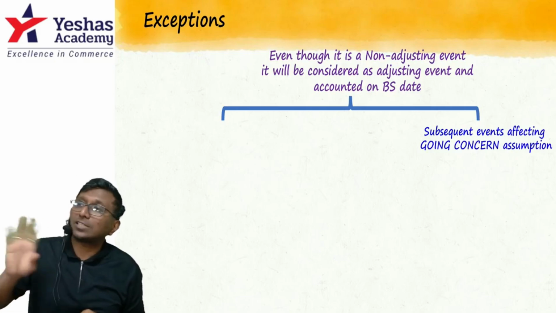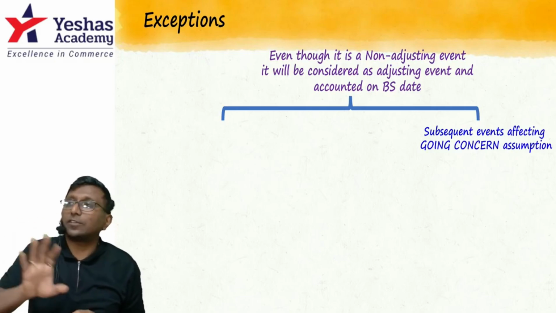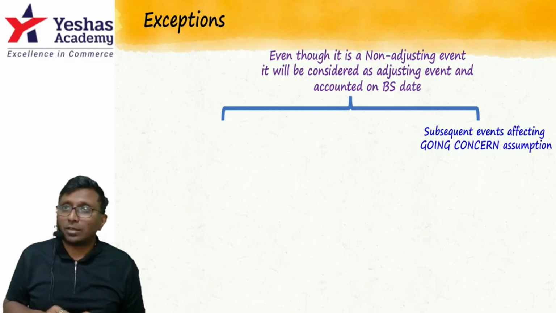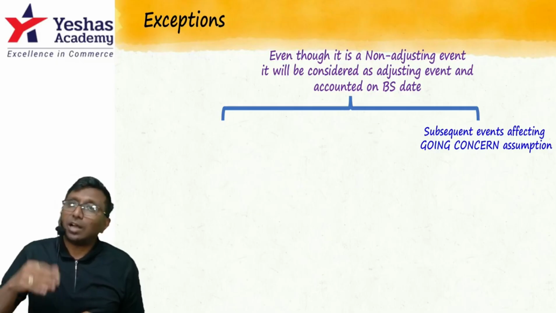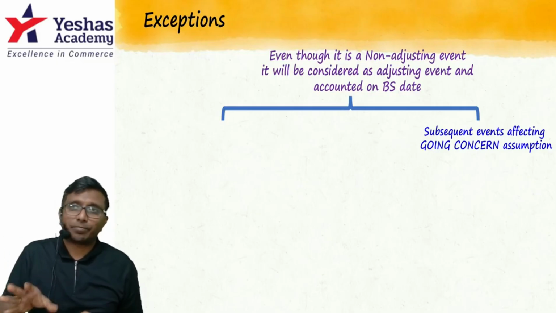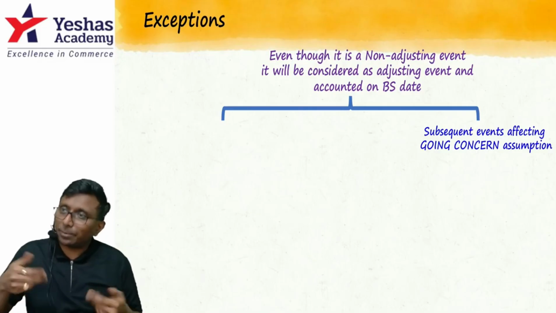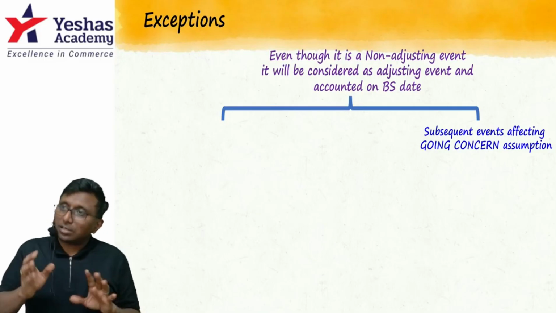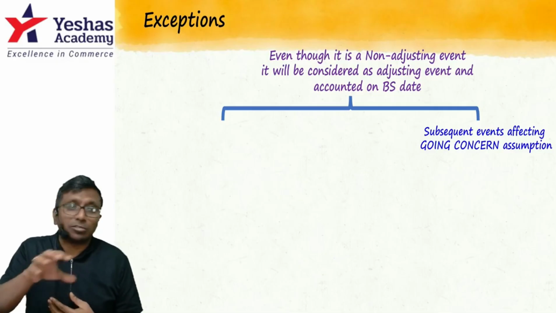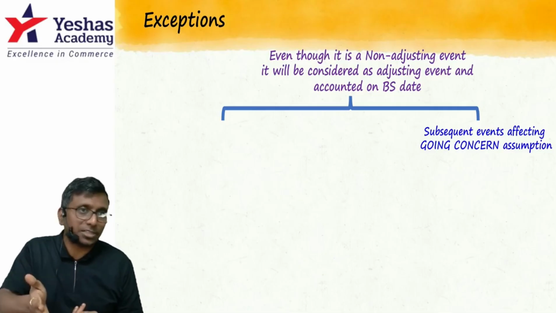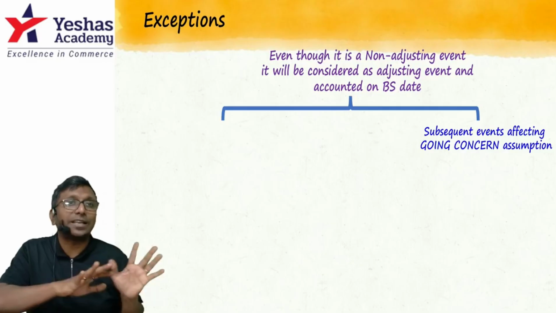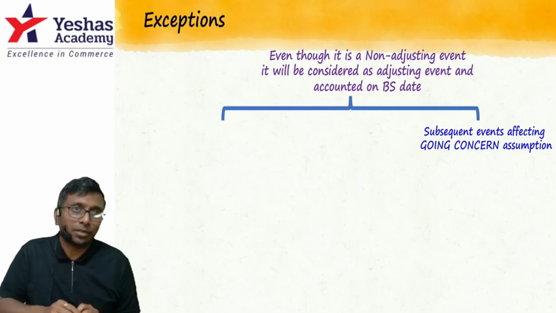When the going concern assumption is gone after 31st March, not before 31st March, still we'll prepare at NRV because this is an exception rule. Strictly non-adjusting, but still I'll consider it as adjusting.